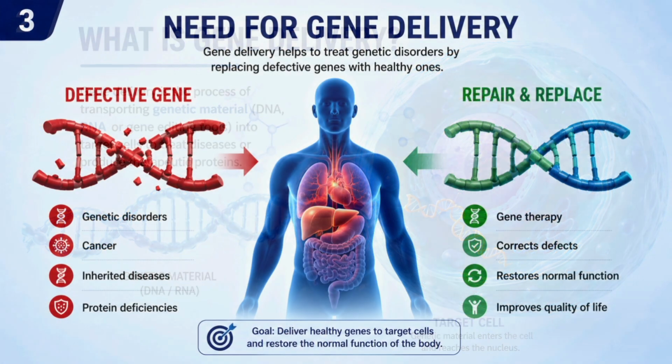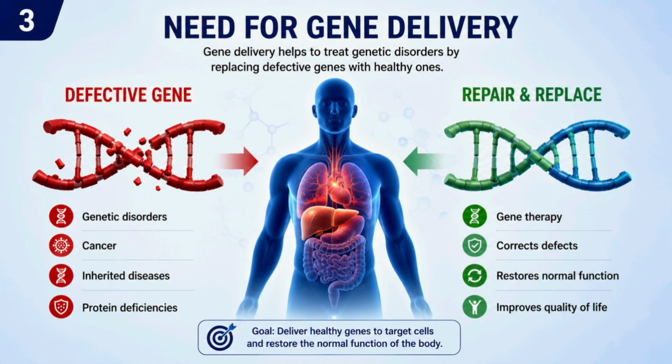Now, the need for gene delivery. Let us understand why gene delivery is necessary. The human body contains approximately 20,000 genes, and every gene performs a specific function. If one important gene becomes defective, the normal functioning of the body is disturbed.